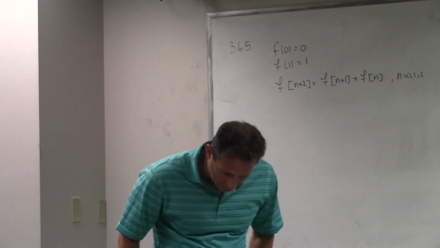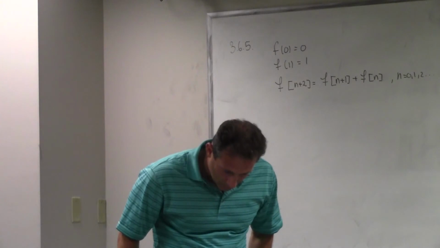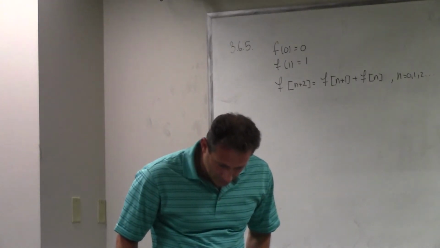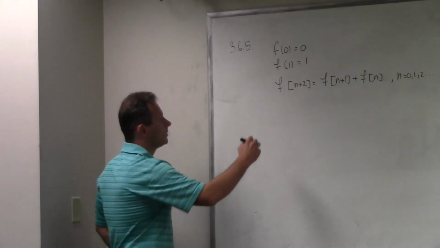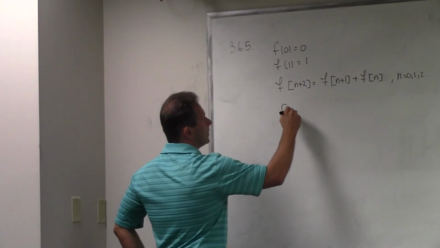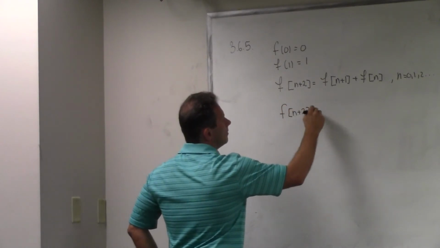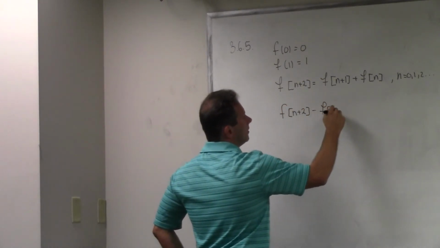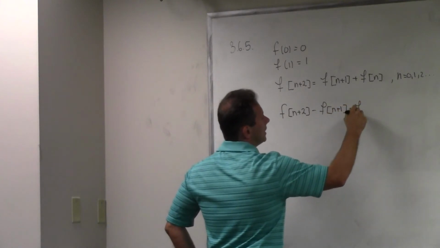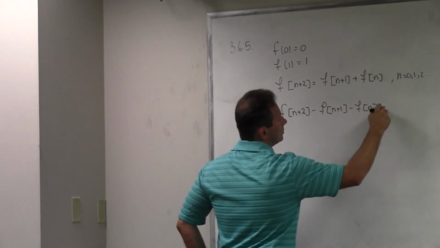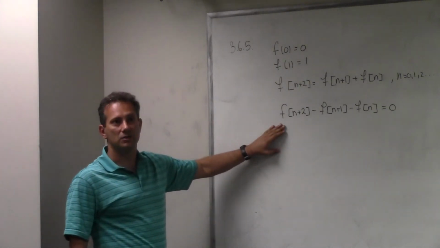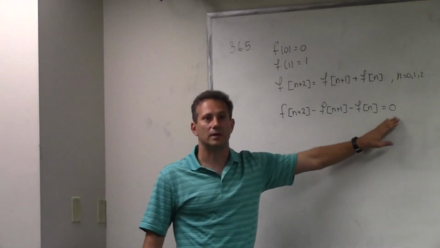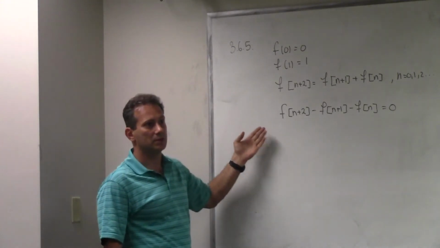Okay, so find the constant coefficient difference equation whose zero input response with auxiliary conditions is this sequence. I already kind of wrote it here, right? The difference equation is f of n plus 2 minus f of n plus 1 minus f of n is equal to 0. That's a difference equation in our form. It's a zero input, so there's nothing on the right-hand side, and the outputs are these f's.